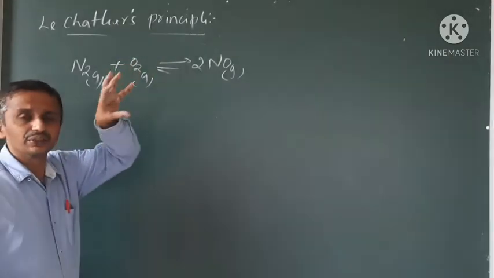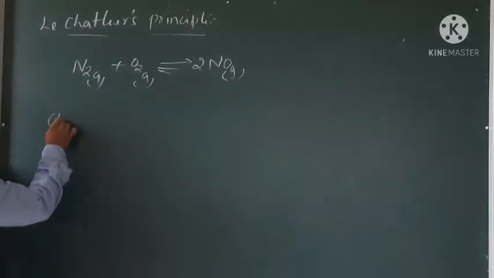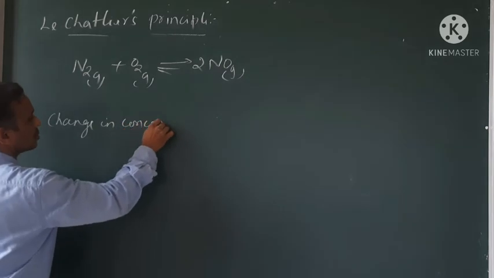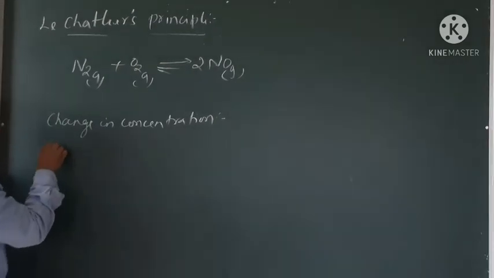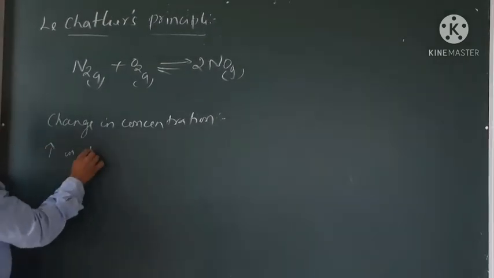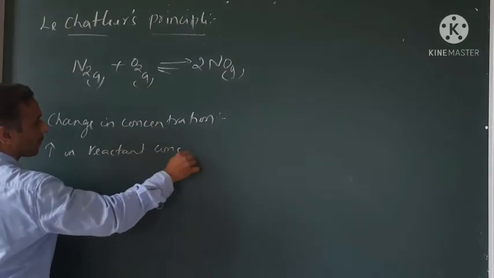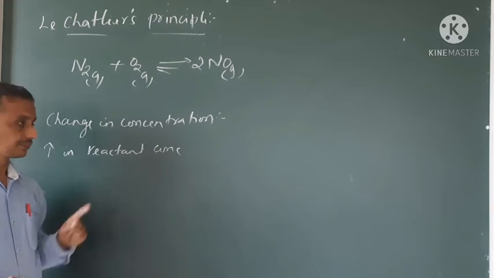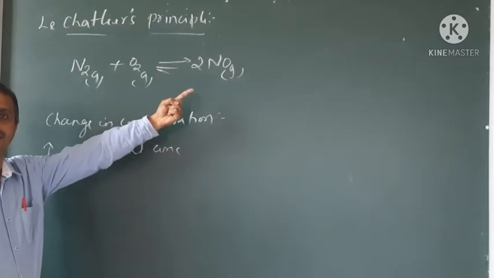Now, we see another constraint, that is change in concentration. I will do it with the increase in reactant concentration. What will happen? Then we will see a decrease in the reactant, then we will see an increase in the product concentration.